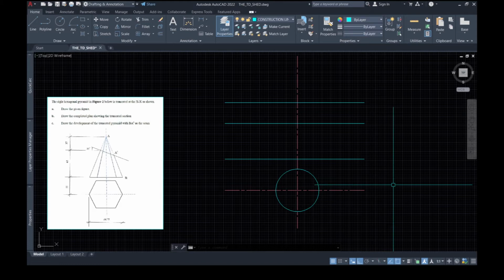Now that we have constructed our circle, let us divide this circle into 6 equal parts. Let us establish the 4 remaining points in order for us to complete the construction of a regular hexagon.